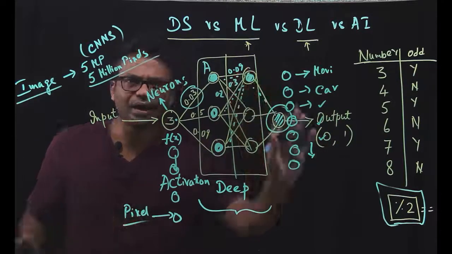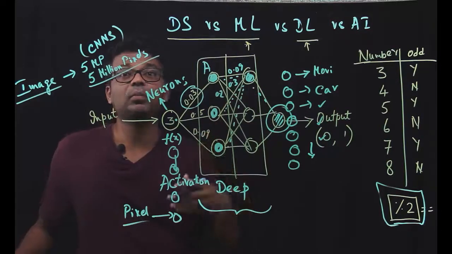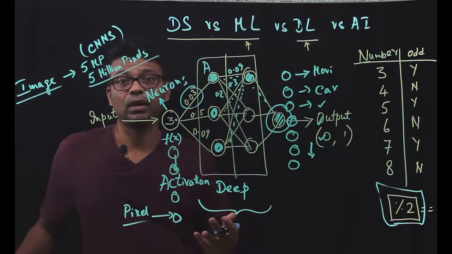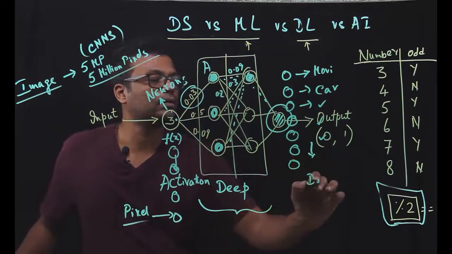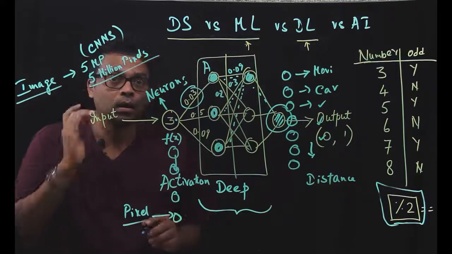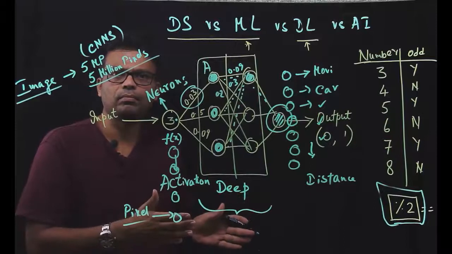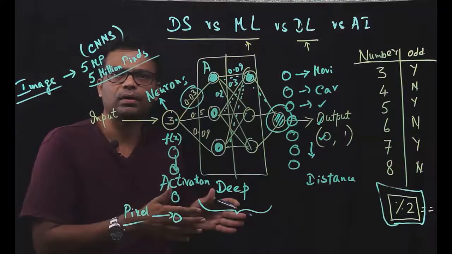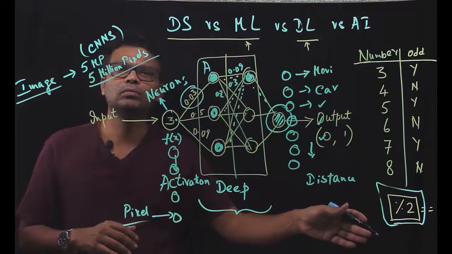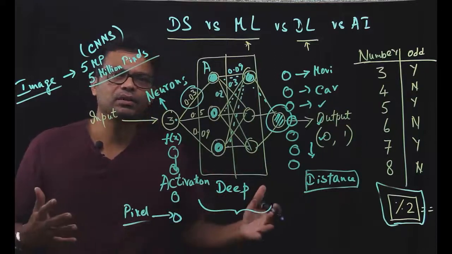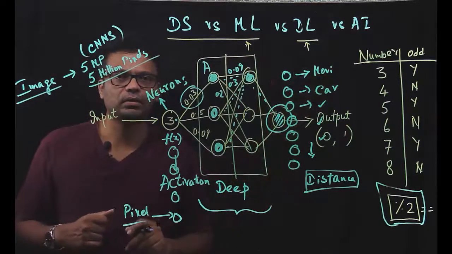It could be a classification problem, or sometimes it could be a regression problem. Like, for example, identify the distance. If the obstacle is less than 1 meter, stop, otherwise go, right? That's an example of a regression problem, not a classification problem like this.